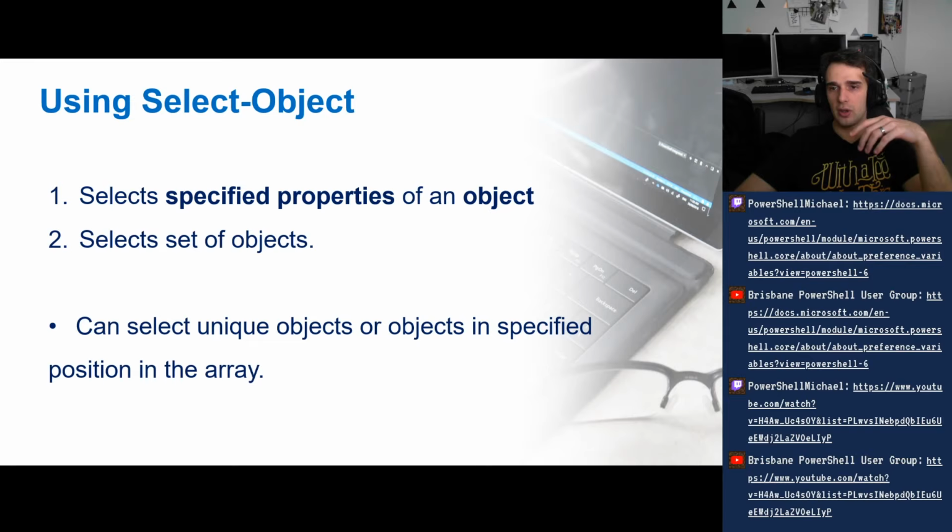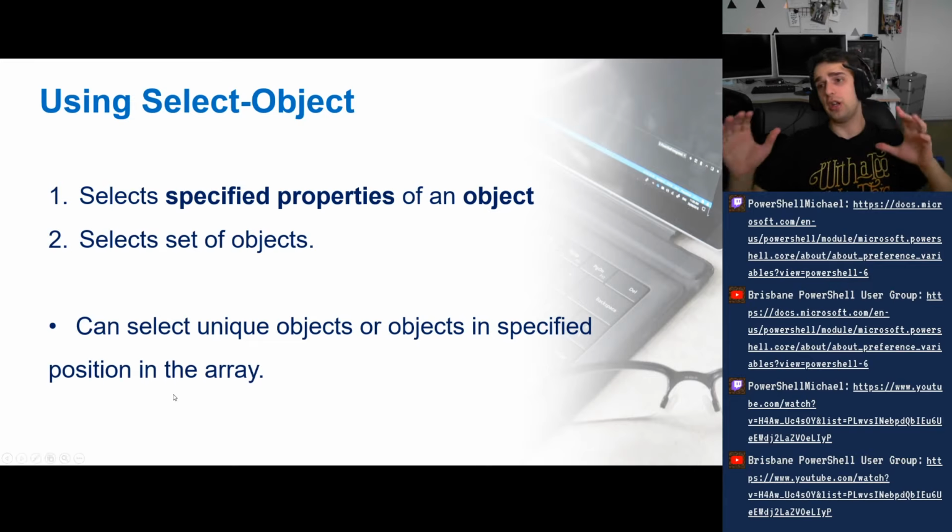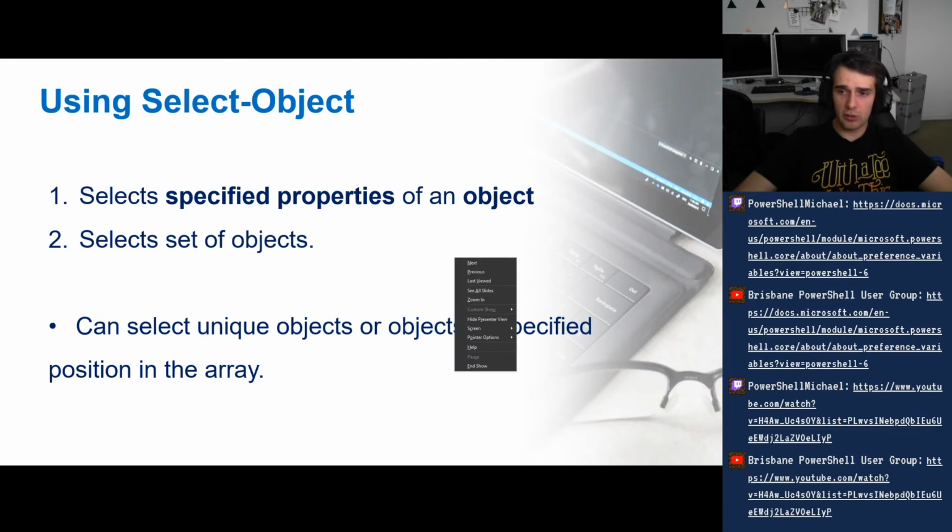Or you want to select the position, so you want either the first 5 or the last 3. You can exclude properties and things like that. So it's Select-Object, super underrated, but a really, really good thing to have.